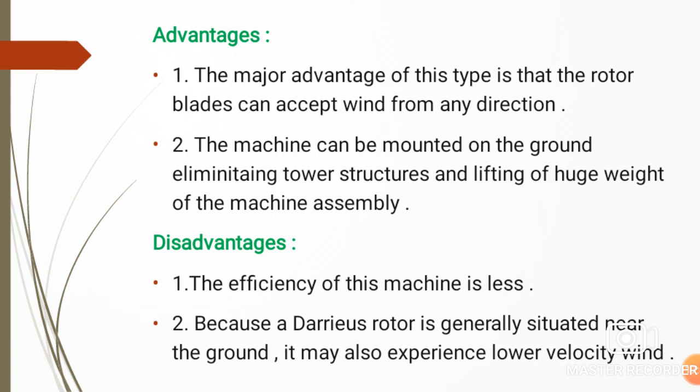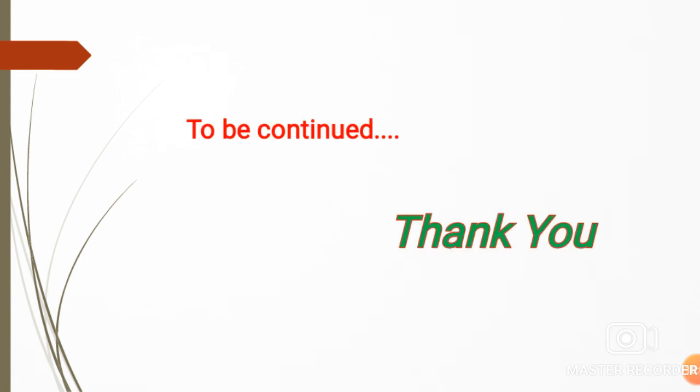vertical axis wind machine. So this is all about the different types of wind machines which are used for the generation of electricity. We have covered nearly all types of wind machine.